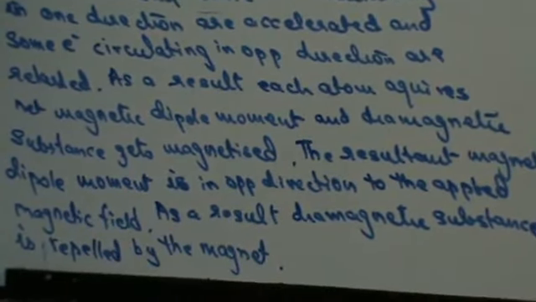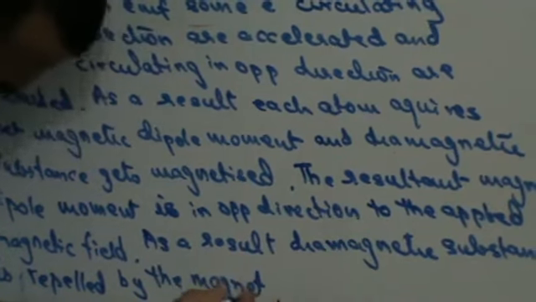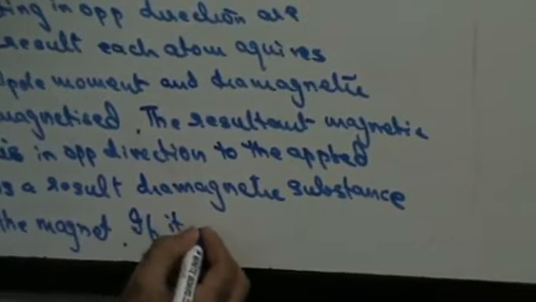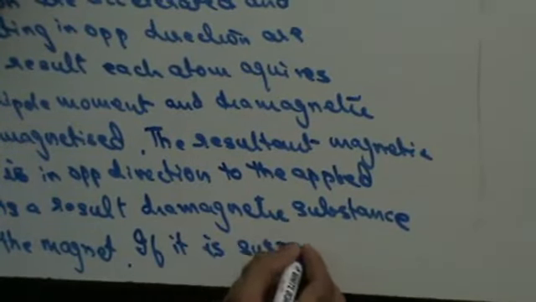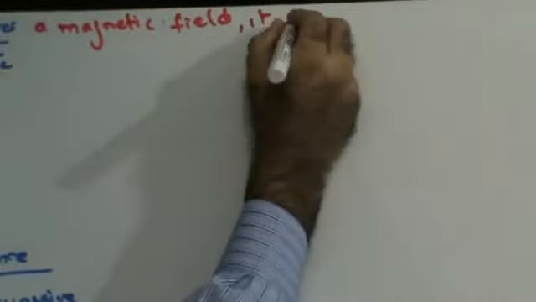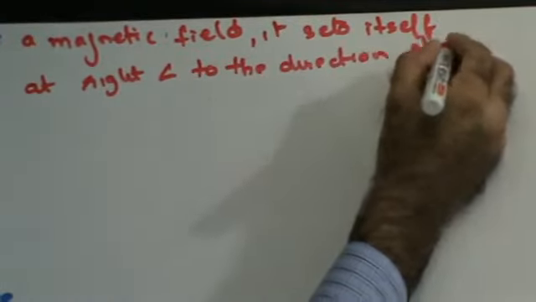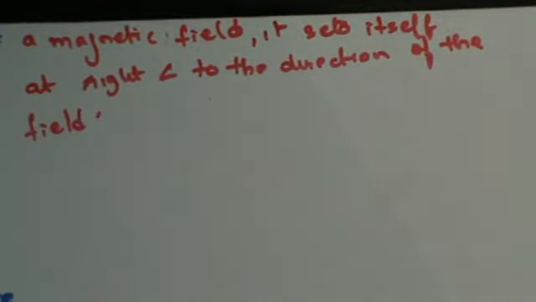Also, if it is suspended in a magnetic field, it will set itself at right angles to the direction of the field. So these are diamagnetic substances.